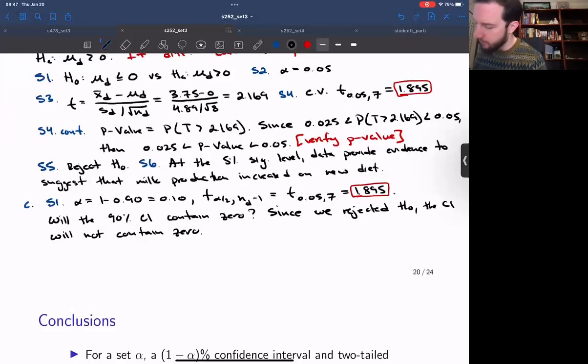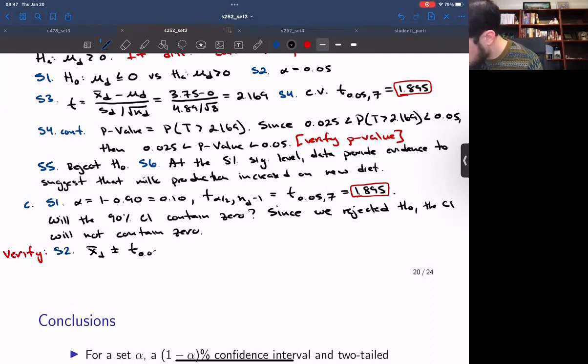So we can verify it using step 2. We're going to verify it simply by building the confidence interval.